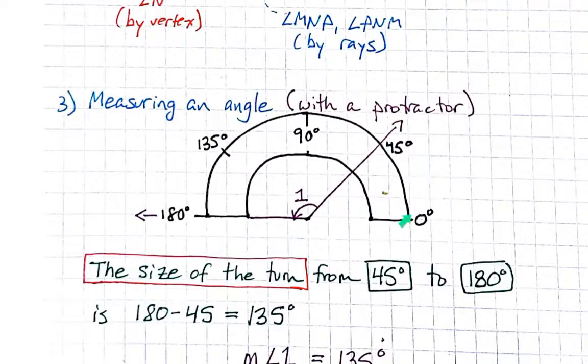On the outside, it goes from 0 to 180, but on the inside, it goes from 0 to 180 in the opposite direction. So when you're checking, oh, this goes from 45 to 180, make sure that you're using two numbers that are either both on the outside or both on the inside. Don't use one number from the outside and another from the inside. That'll get things mixed up.